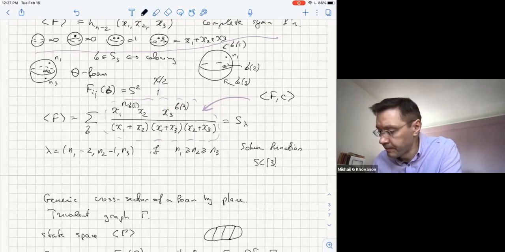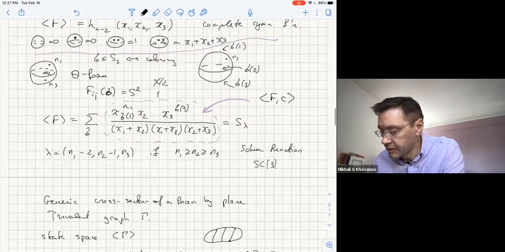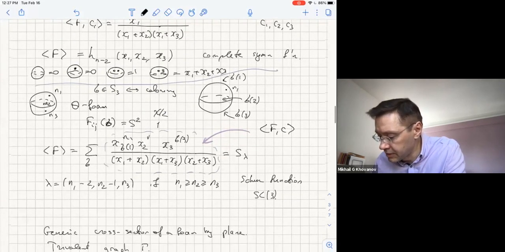Let me do it differently. Let me just put here n1, and I'm going to put here sigma 1, x, and q.